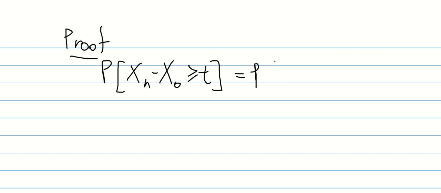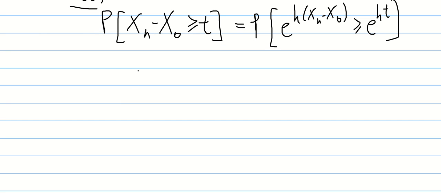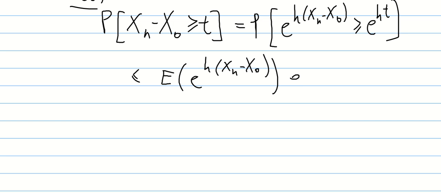This is equal to the probability that e to the h (xn minus x0) is bigger or equal than e to the ht, which by Markov's inequality is bounded by the expectation of e to the h (xn minus x0) times e to the minus ht.